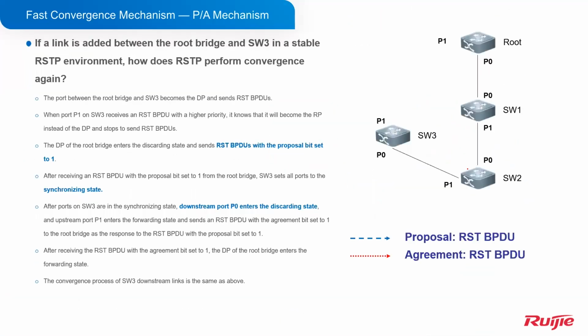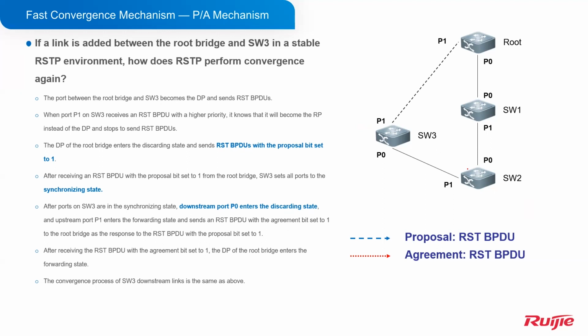Let's see it. If a link is added between the root bridge and SW3 in a stable RSTP environment, how does RSTP perform convergence again? Let's see it. The port between the root bridge and SW3 becomes a DP and sends RSTP BPDUs. Now we add a link between the root and the SW3.